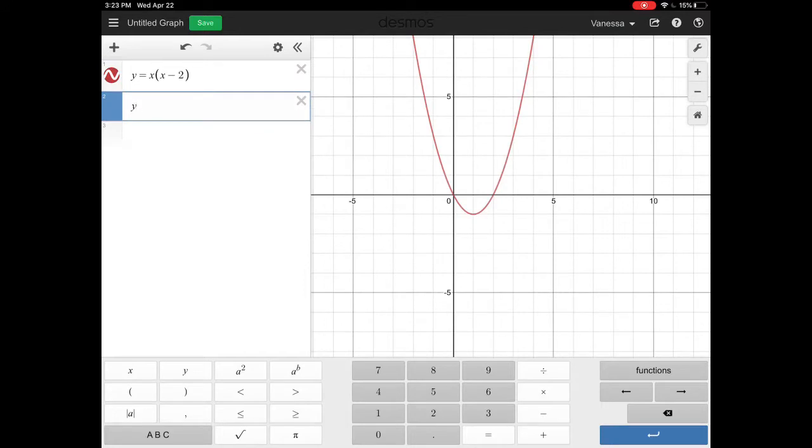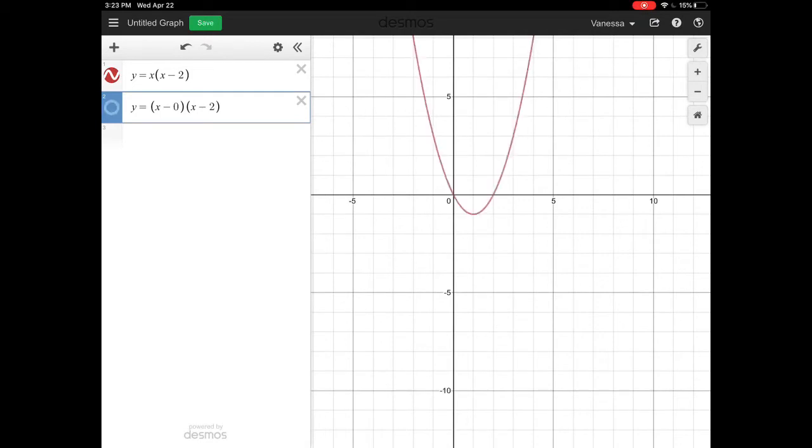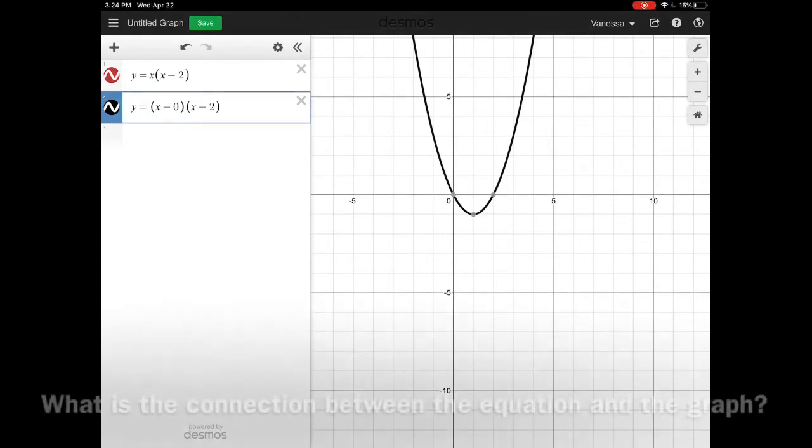We can also write that equation as this. You could see that it overlaps. And I want you to think about the connection between the equation and the graph. So please pause the video so that you can talk about that and write something down.